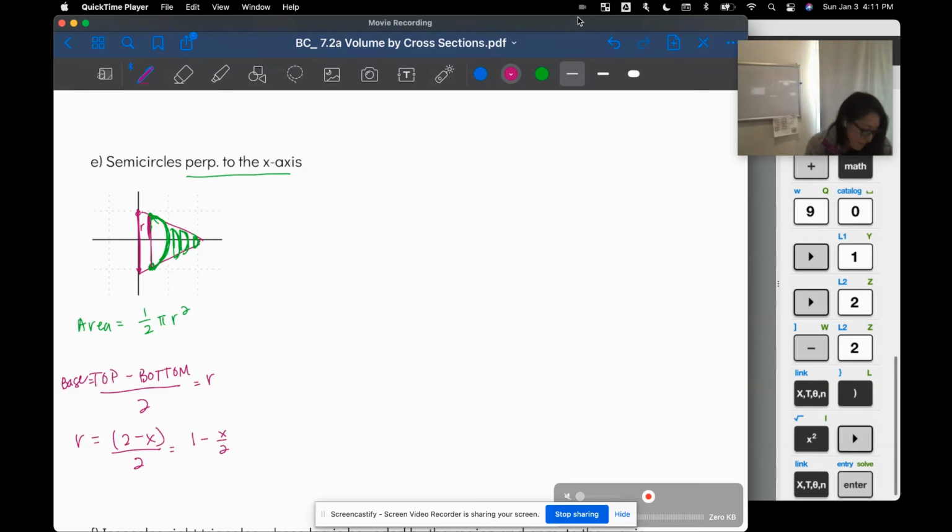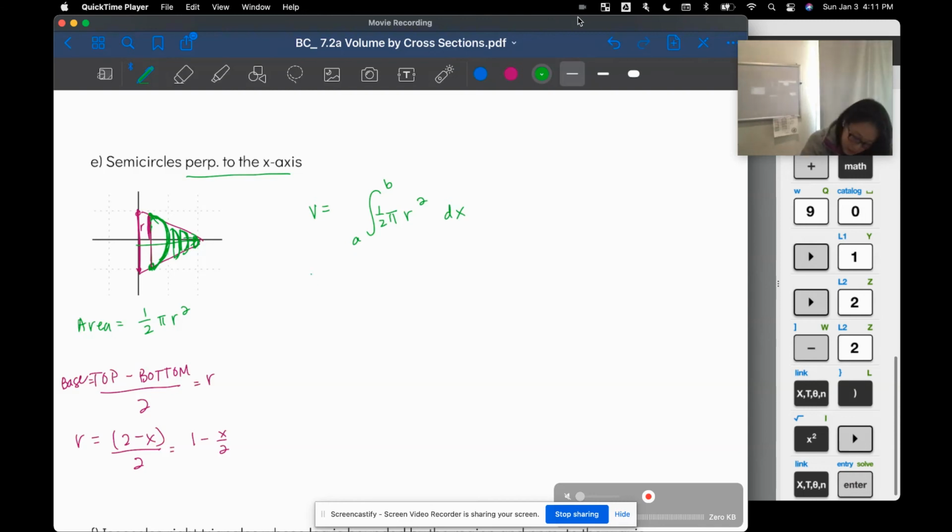Now we're going to get the volume. The volume is equal to the integral, and remember that gives me the depth. So what I need to multiply the depth by is the area of the semicircle. So we get pi r squared times 1/2 for the semicircle, dx, and then we need to include our bounds from a to b.